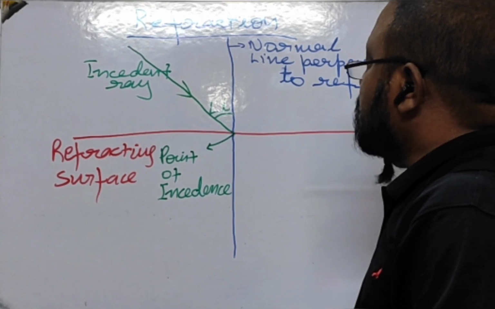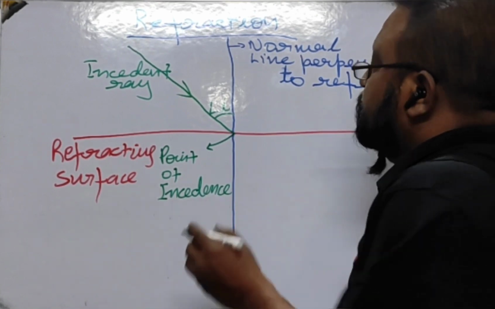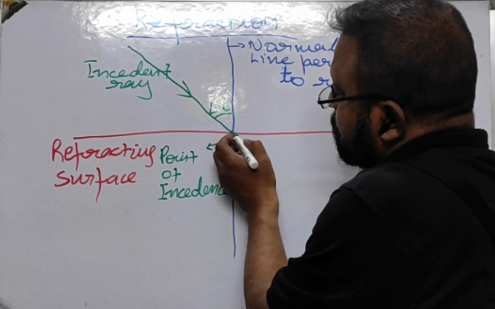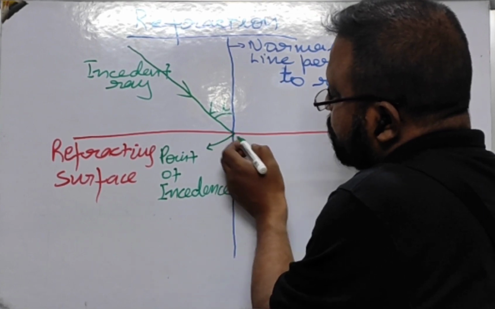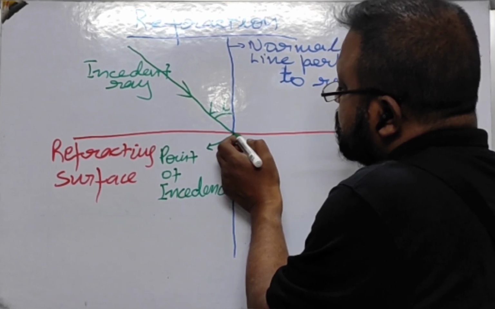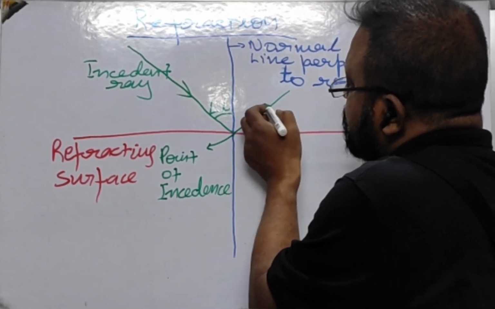When this incident ray falls on the point of incidence, two phenomena occur. One is that the light ray reflects back in the same medium.